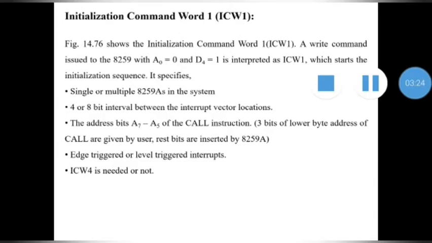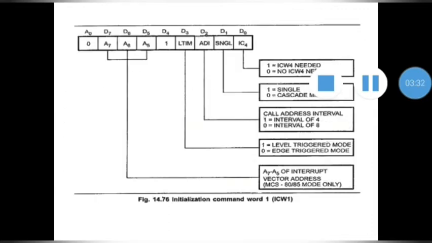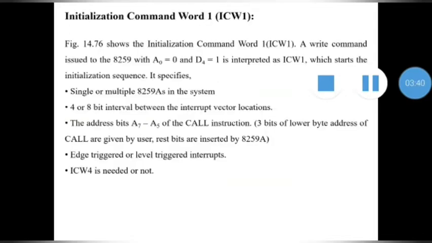In the next slide you will get the format of initialization command word 1. A write command is issued by the processor with A0 equal to 0 and D4 equal to 1, and these 2 bits indicate that you are initializing command word 1.